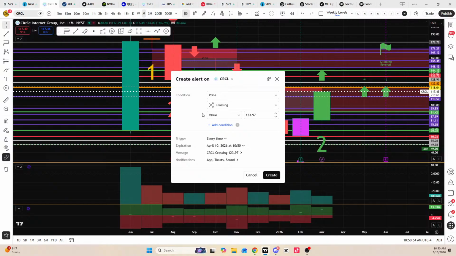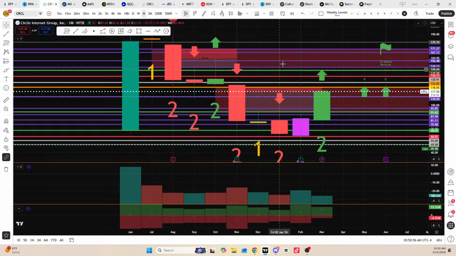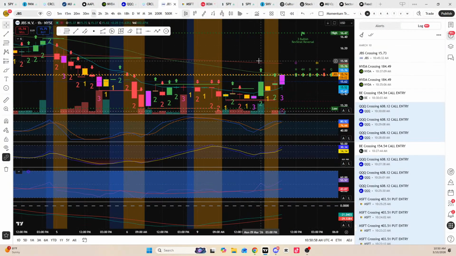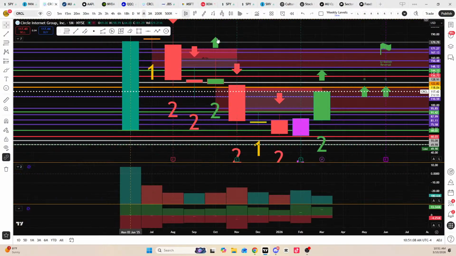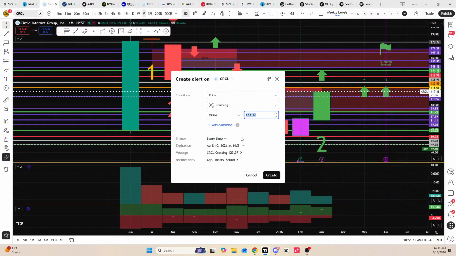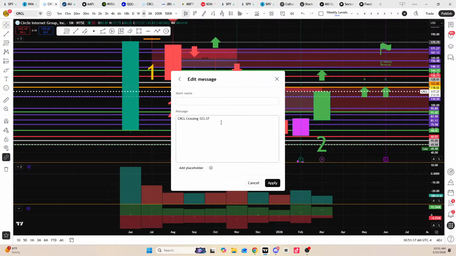Needs to be able to name these alerts. Why they not letting me name the alert no more? What's going on here? Can't name your alerts no more? What TradingView do? I feel like I just named an alert yesterday. Oh, and the message. Here you go. Why I gotta go all the way? Oh, they reformatted it. Okay.